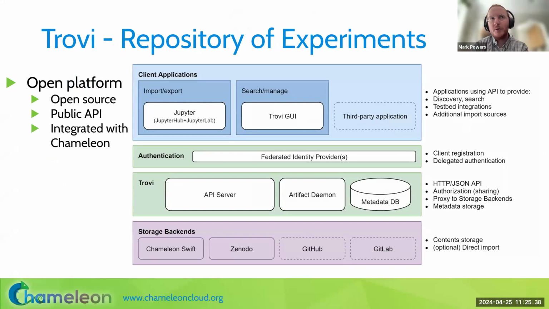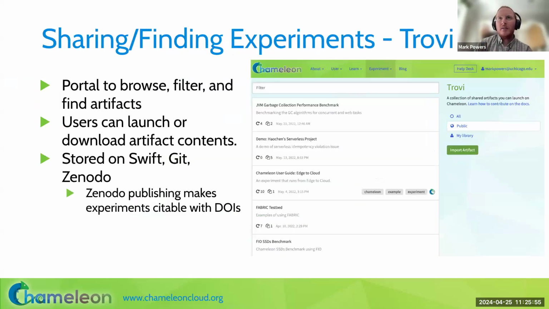This is an open source service that right now is integrated with Chameleon, and we're looking to extend and improve it. It allows us to launch an experiment and take you right into it. And here is a screenshot of that portal that you can search for artifacts in.